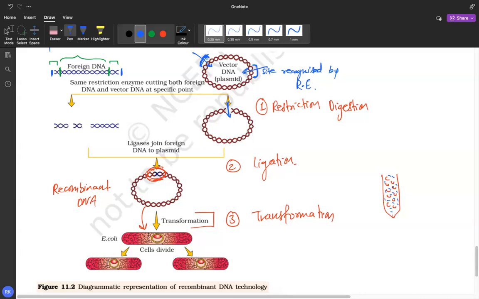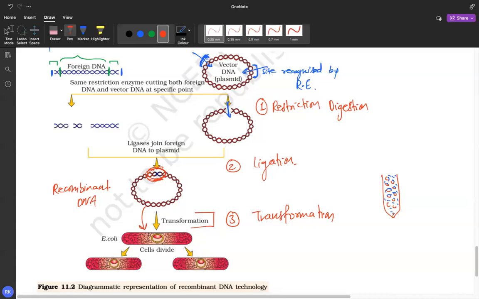These are our fragments. And to make this process more efficient, we use an enzyme called ligase. Now, ligase will favor joining of one plasmid with our gene of interest, and it will close like this.